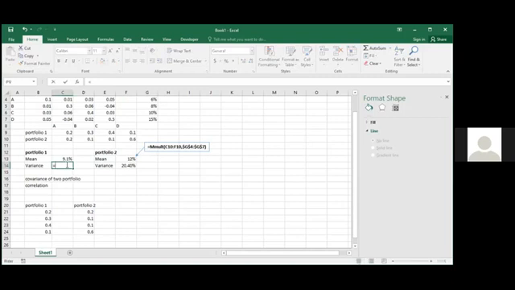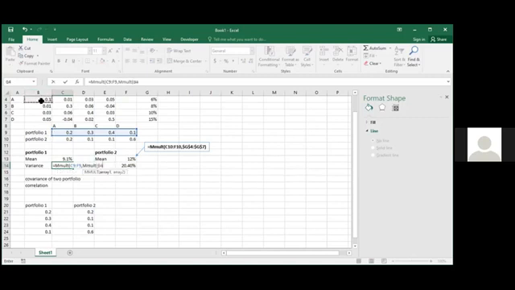Equal sign, MMULT within bracket, portfolio 1 C9 to F9, comma, again MMULT within bracket.